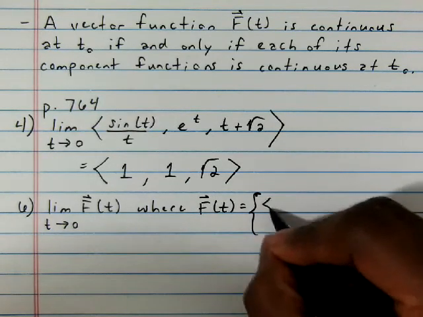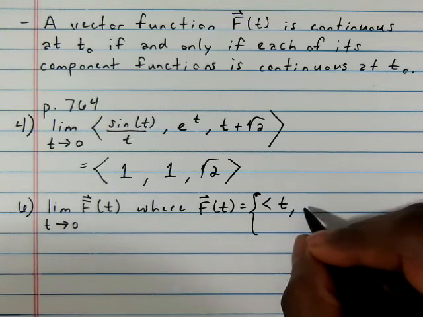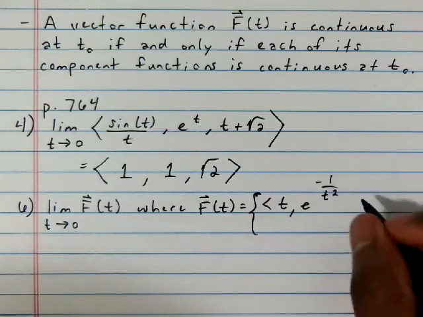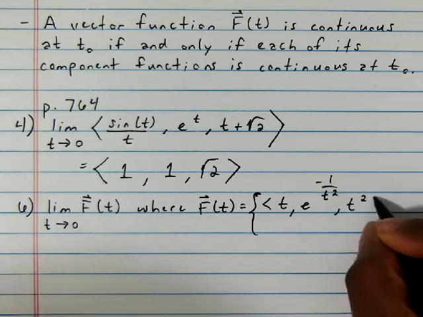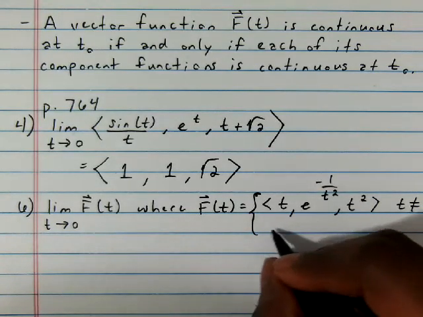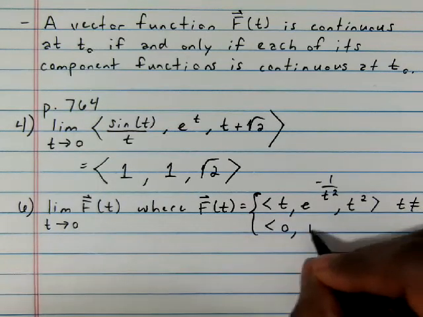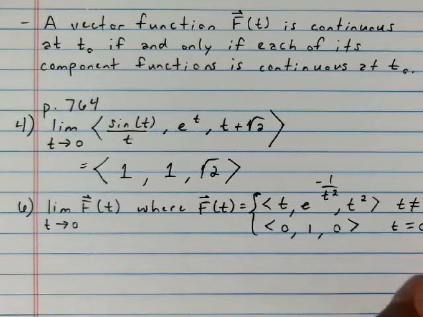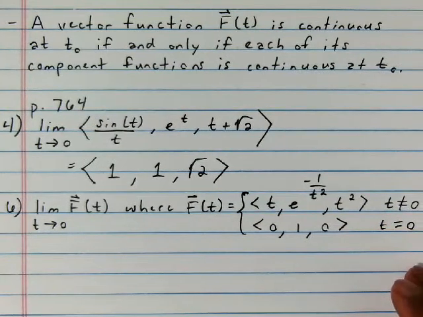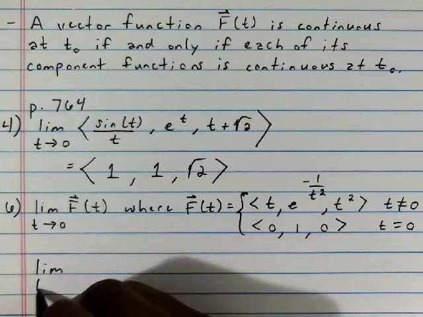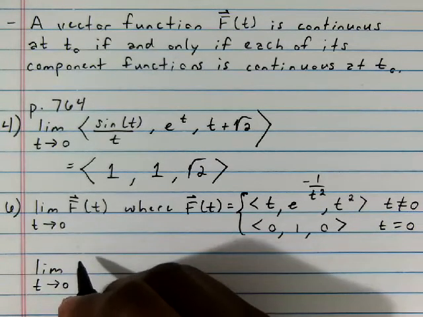It is equal to the vector t, comma, e to the negative 1 over t squared, comma, t squared for t not equal to 0. And then it is the vector 0, 1, 0 if t is equal to 0. So we want to take the limit as t goes to 0 of f of t.